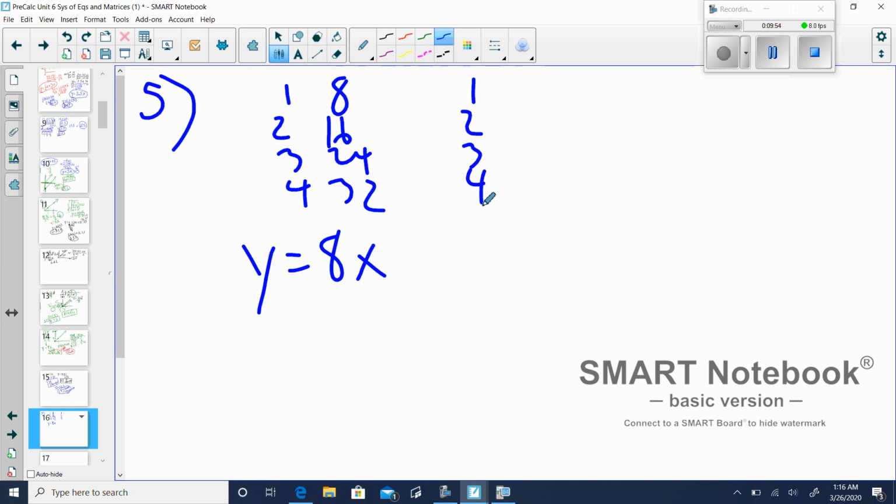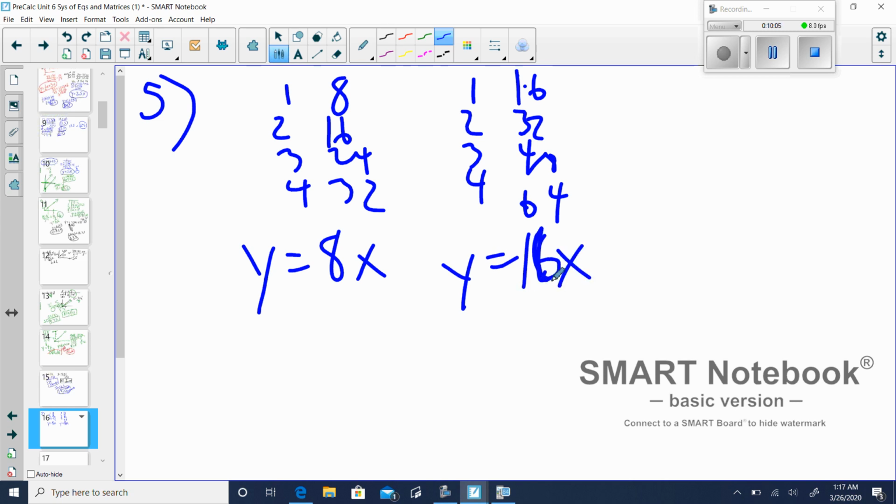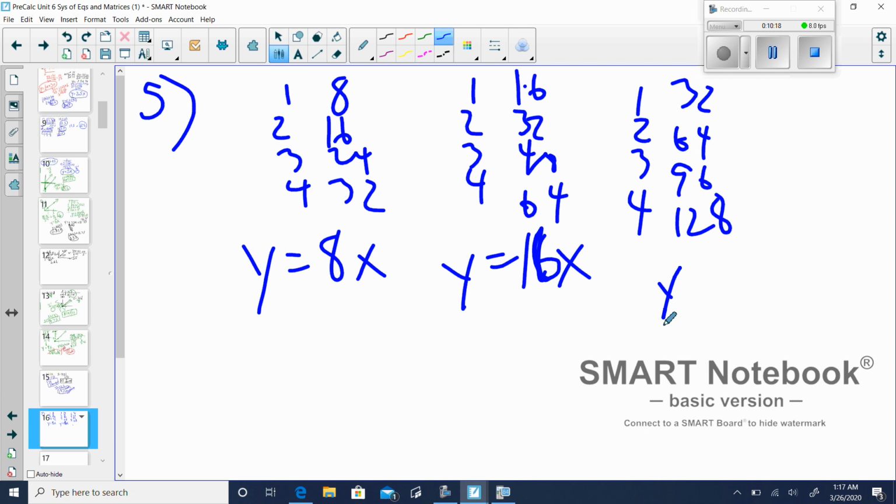This time we have 16, 32, 48, 64. So we're going up by 16 each time. So y equals 16x. For our third one, 1, 2, 3, 4 for the x's. And our y's this time are going up by 32. So y equals 32x. That's step A. Write a function for each table.